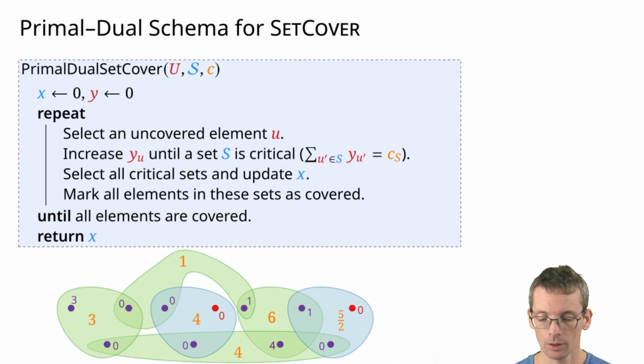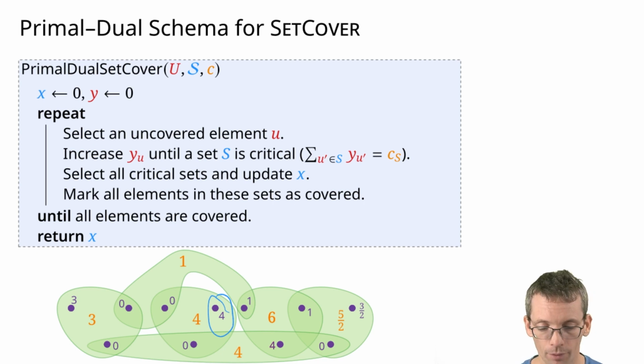Now let's continue with this one over here. Here I already have a 1, so this becomes 3/2. And finally I will have to set the yu for this element to 4. Now I have a set selected.